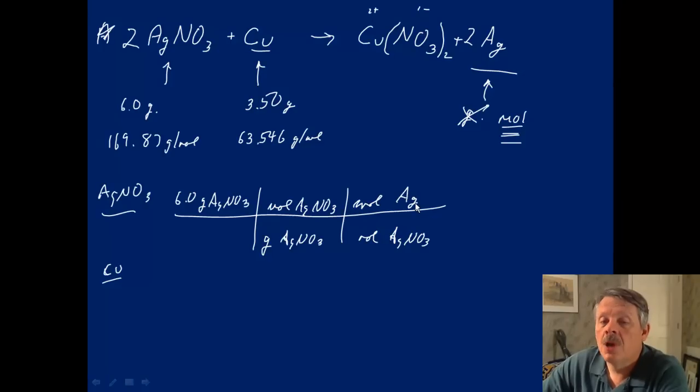Now we can stop right there because we don't need to go to grams of silver. Okay, now let's put in some numbers. For every 2 moles of silver nitrate, we have 2 moles of silver. And 1 mole of silver nitrate is 169.87 grams per mole.